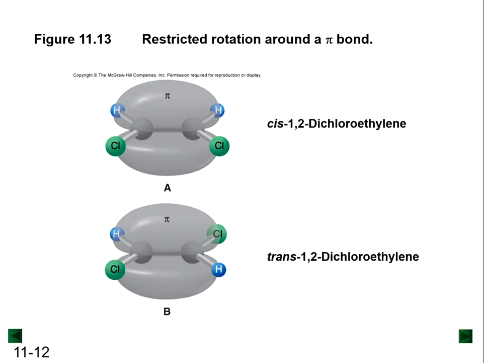If you can break the pi bond, then you just have a sigma bond, and the molecule can rotate around the carbon-carbon bond. And in fact, if you shine ultraviolet light on this system, you can get cis and trans 1,2-dichloroethylene to interconvert by temporarily breaking the pi bond.